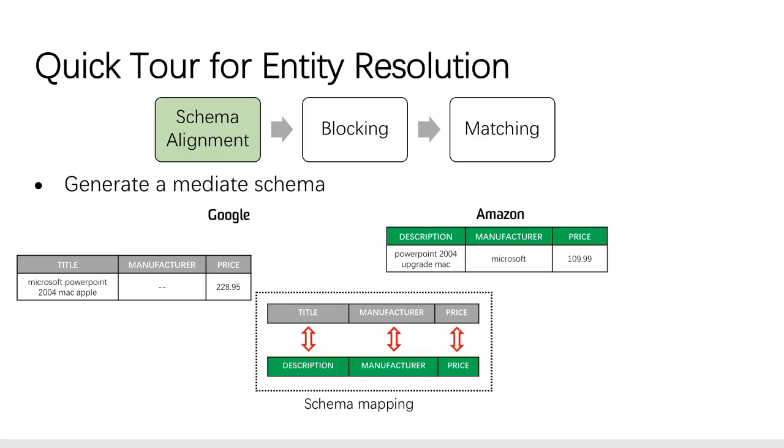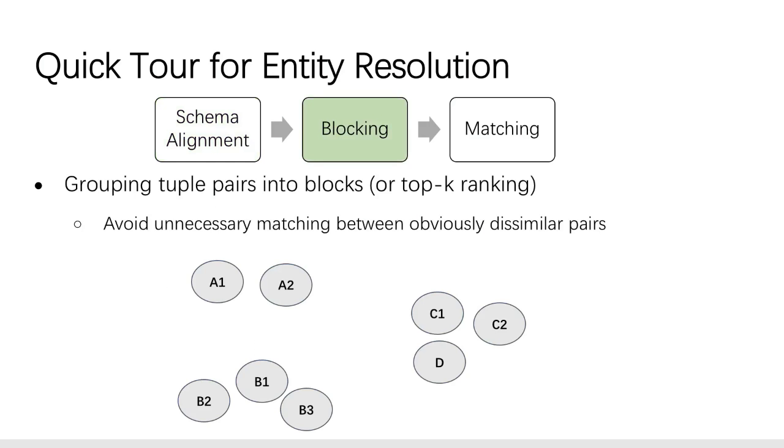In schema alignment, we show one example, again using the Google and Amazon example, where we need to identify that some attributes with different schema names essentially refer to the same semantic columns. So this is the schema mapping. The second step is blocking.